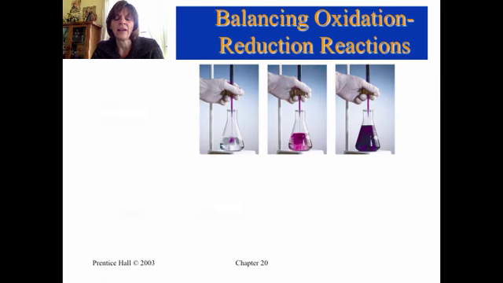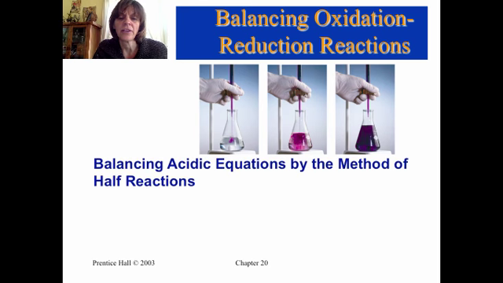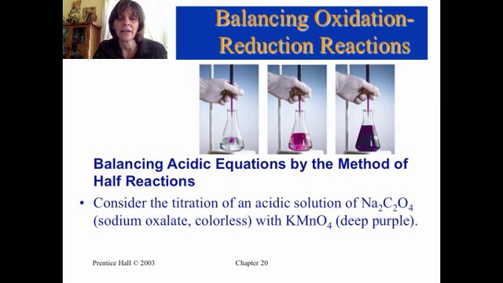All right, so now a little bit more complicated reaction. This is a reaction that we're going to be doing in our next lab, where we're titrating hydrogen peroxide with permanganate. In this particular example, it would be titrating sodium oxalate with potassium permanganate.